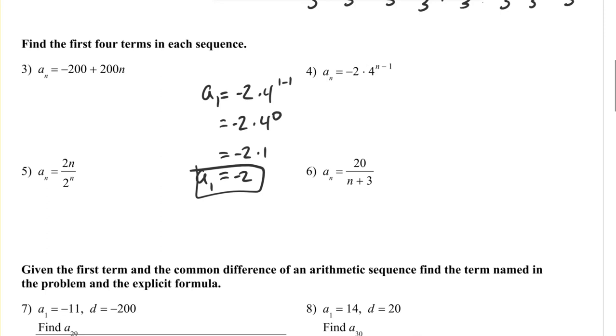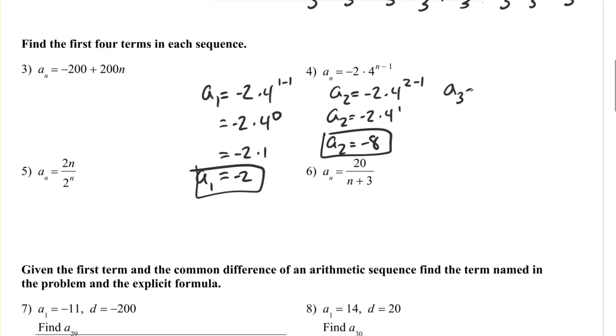And then our next term, if we plugged in a 2, is negative 2 times 4 to the 2 minus 1 power. Negative 2 times 4 to the first power. That's negative 2 times 4, which is negative 8.